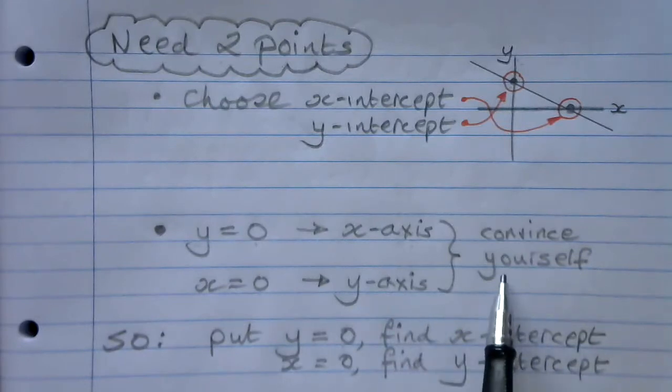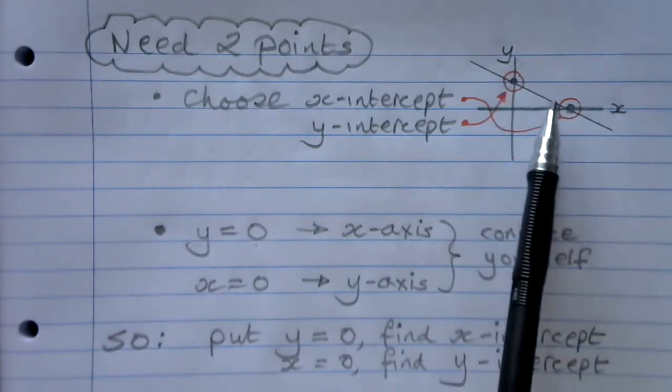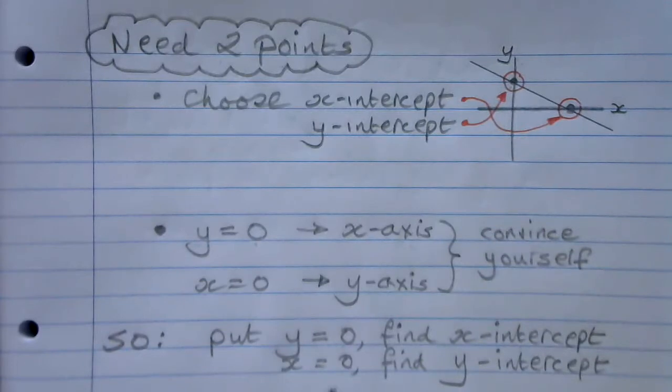You might need to convince yourself of this a little bit more. So in order to find these 2 points, all I need to do is put y equal to 0, and that gives me the x-intercept, and x equal to 0 gives me the y-intercept. Okay, 3 minutes in, let's have a look at an example.